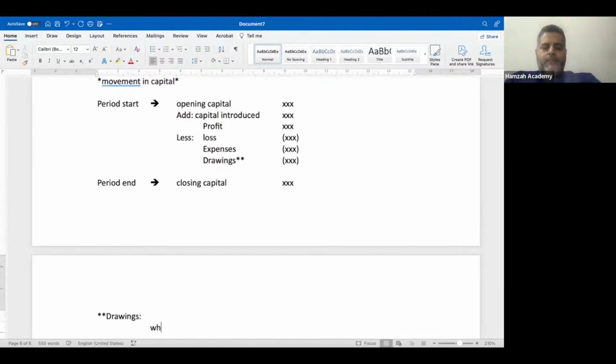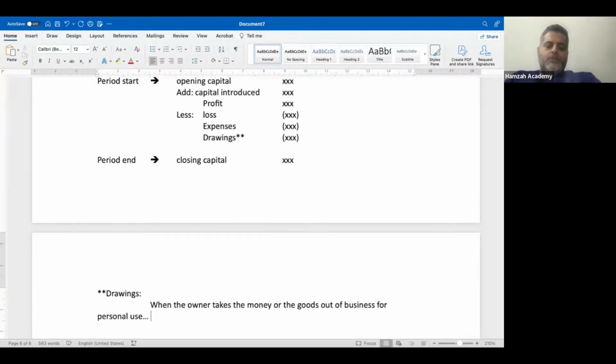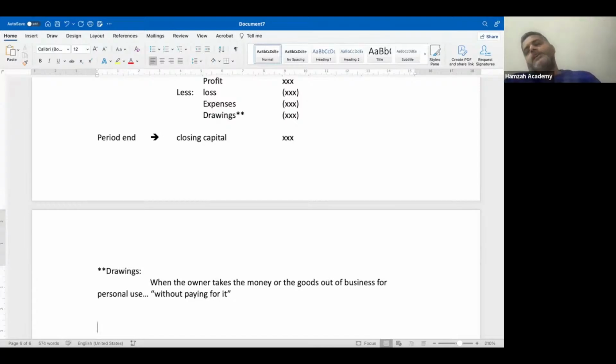Drawings are when the owner takes the money or the goods out of business for personal use without paying for it. When the owner takes out the money or the goods from the business without paying for it, it's called drawings.